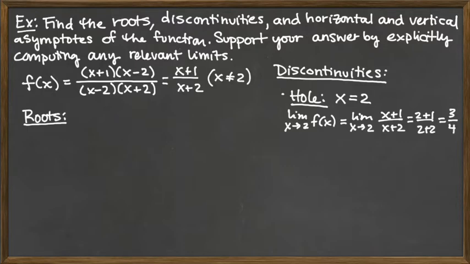And so notice that that's telling me really where this hole is going to be, but realize that we're really justifying that it's a hole because that limit exists, but the function value does not. Because had we plugged in 2 at the beginning, we would have gotten (2 + 1)(2 - 2) on top, and on the bottom (2 - 2)(2 + 2), and that would have ultimately given us 0 over 0, which is undefined.